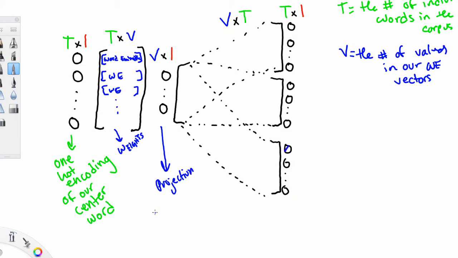The T means transposed. If you don't know what that means, you should go back and watch some of the basic neural network video series where I explain that. And the center word, I'm just denoting with this little subscript center.